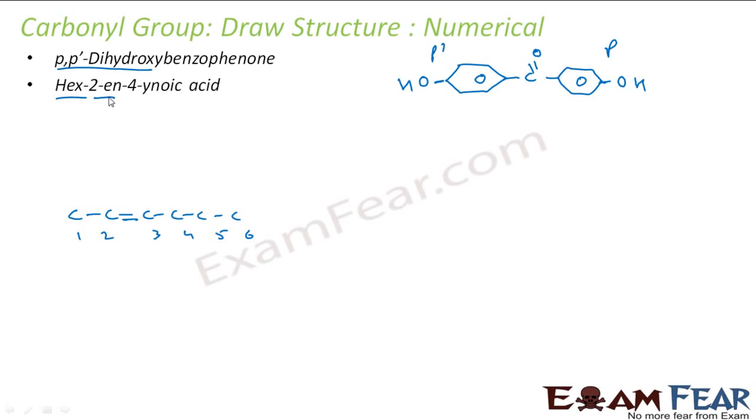And at 4 I have to draw an one, actually. So 4 is one. Yeah. 2-ene, 4-one, and then acid. This is the structure. Hex, 2-ene, 4-one, and then acid. So at 1 I have to draw COOH.